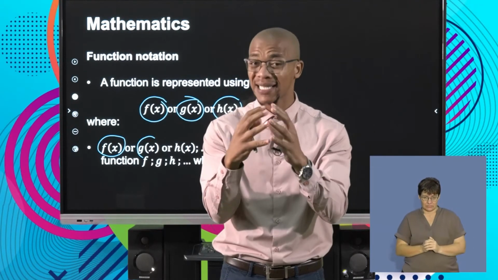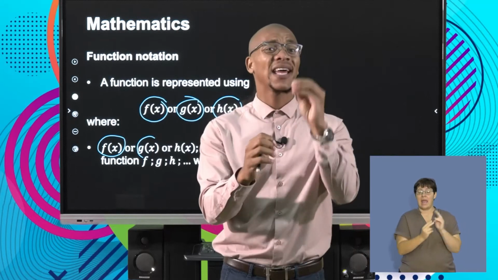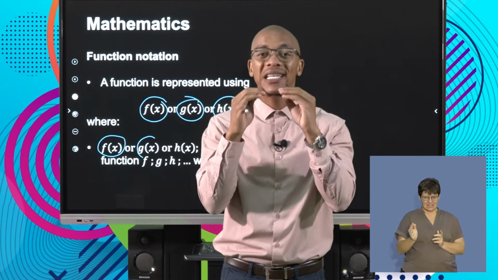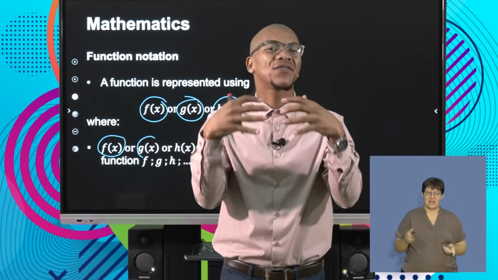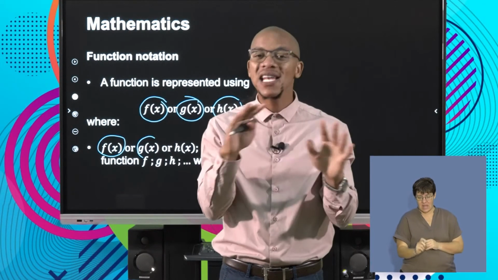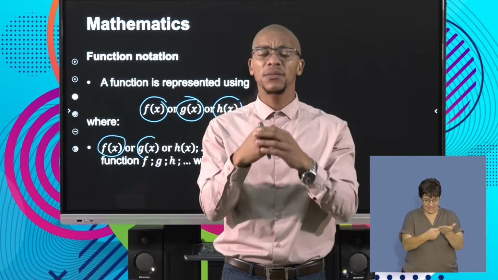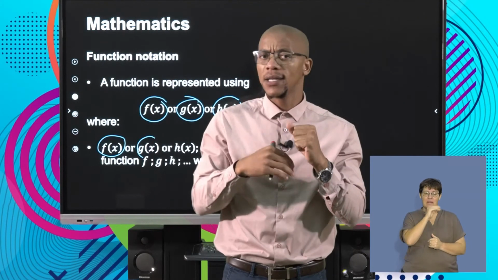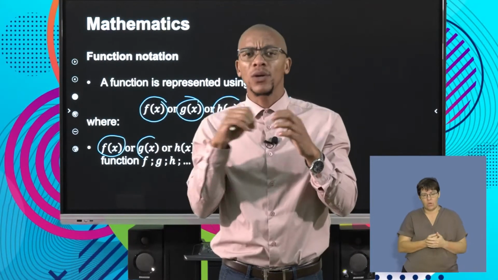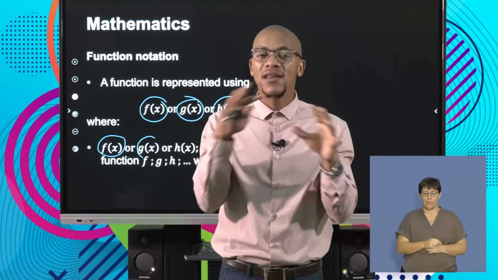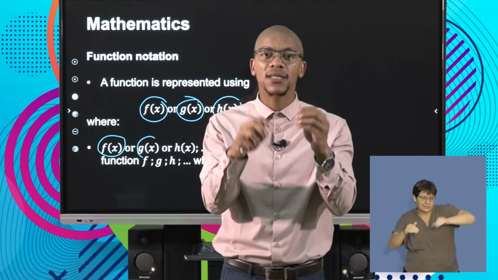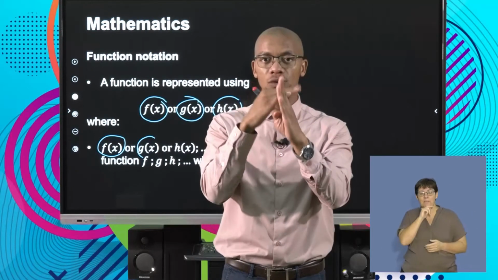So please understand this. I will repeat. F, G, H, A, Z do not really mean that it's a specific function. No, it can be any function. Because remember, we're going to talk about types of functions, right? So it doesn't mean that f is only linear or quadratic or hyperbolic. No, it can be any function, as long as it has an x value and a y value.